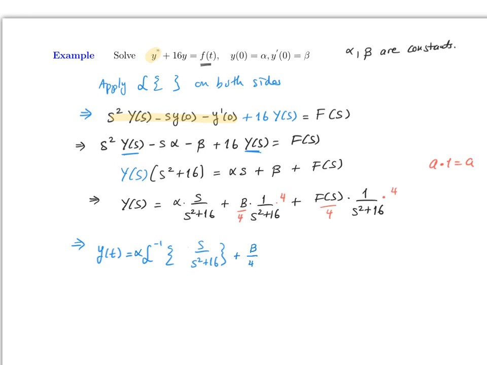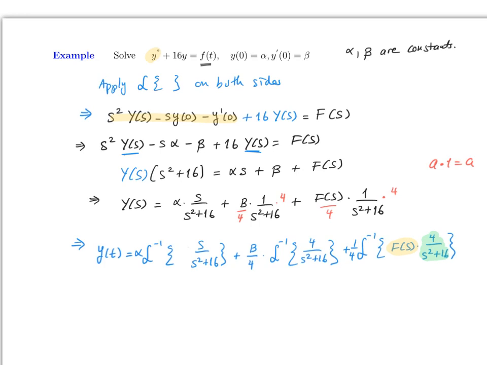It will be beta over 4 times the inverse Laplace transform of 4 over s squared plus 16, plus the inverse Laplace transform. The 1/4 goes outside, and now this will be F of s times 4 over s squared plus 16. So this is F of s, clearly, and this will be G of s.